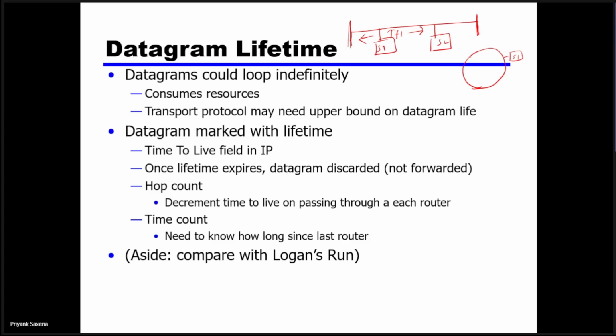So what could happen is that this datagram may keep on traversing in the network. Moving around is not a problem by itself, but what is the problem? Once it is moving in the network, it is unnecessarily consuming the resources, because once again it will reach a router that will not be able to forward it, it will discard it, or will forward it to the next router.